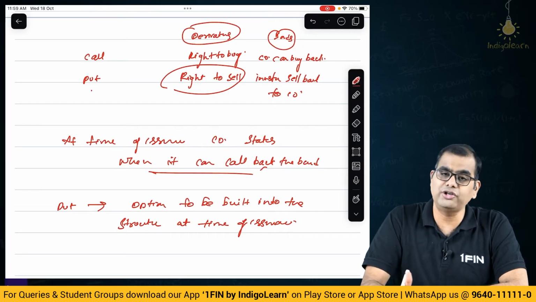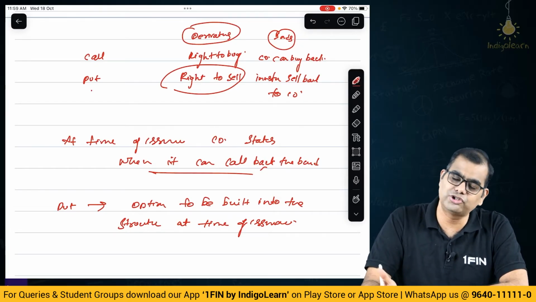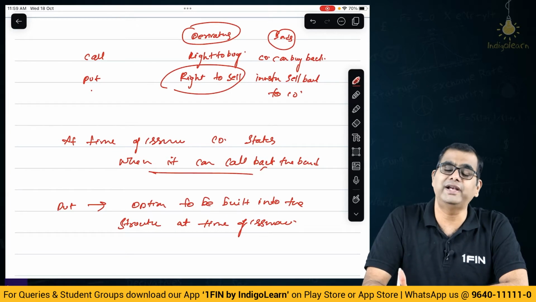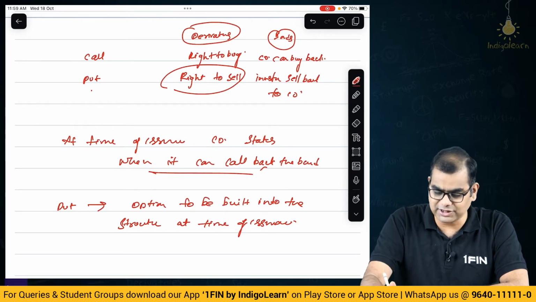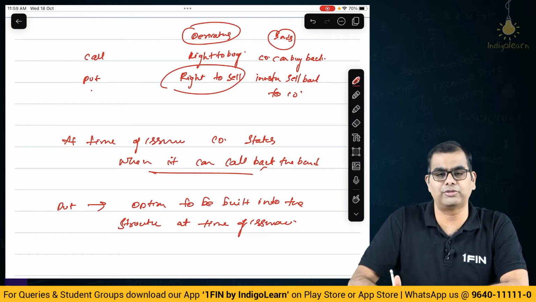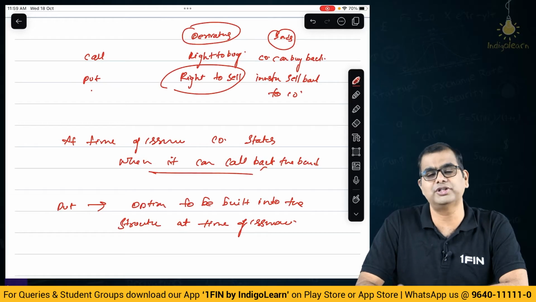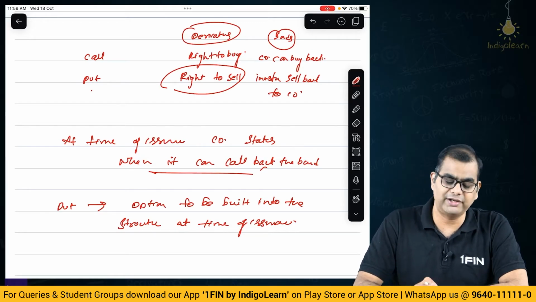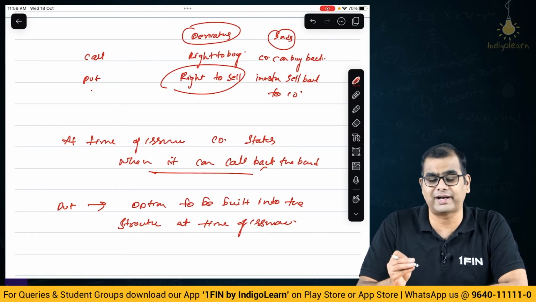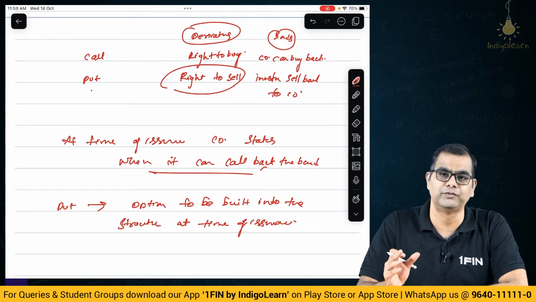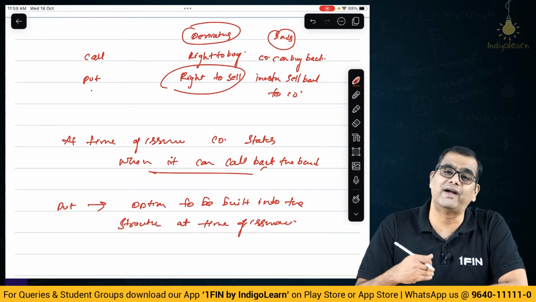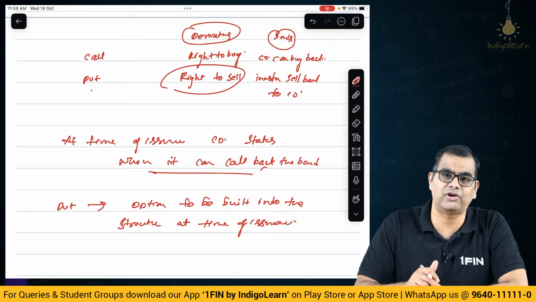No. The bond should be a callable bond or a puttable bond when it was issued, as per the bond documentation, or the debenture deeds and the debenture agreements and all that. Going in those documents, you should specify what kind of bond it is, whether the bond has an embedded right to be called or to be put. If there is such a right, then you will value the bond accordingly. This is very important to understand.